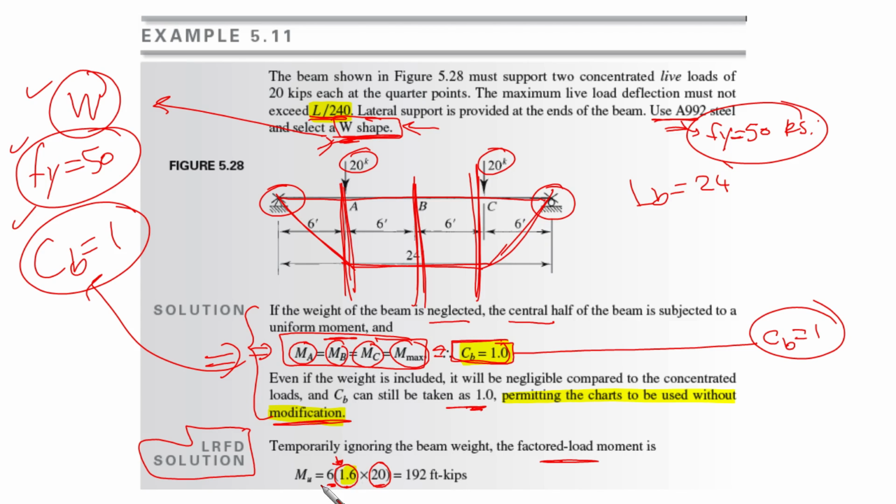We are talking about the moment here. 20 times 1.6 is the factored reaction here, and then 6 feet is the distance from the support to this point, which gives us the maximum moment. So we are talking about 192 foot-kips.